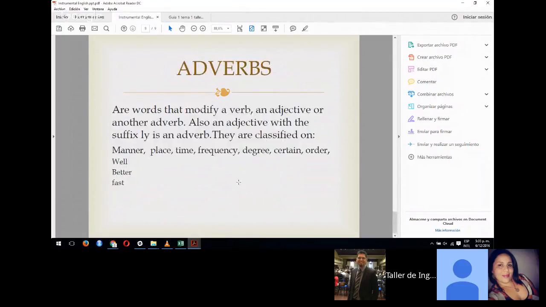Adverb. Adverbs modify a verb, an adjective, or another adverb. Also, an adjective with the suffix -ly is an adverb.